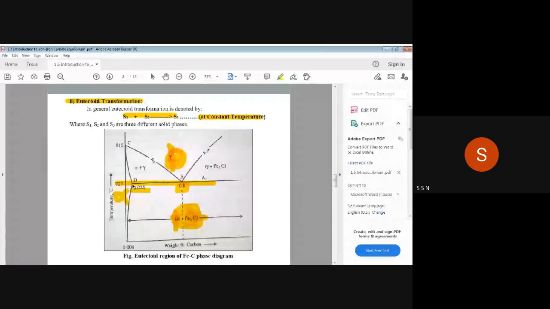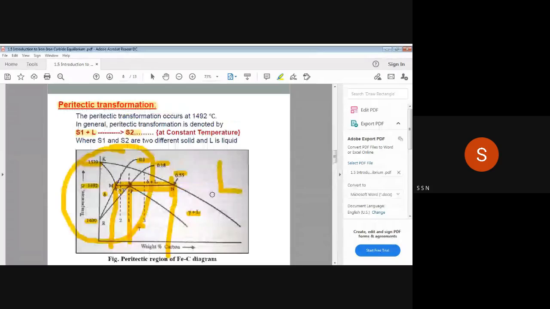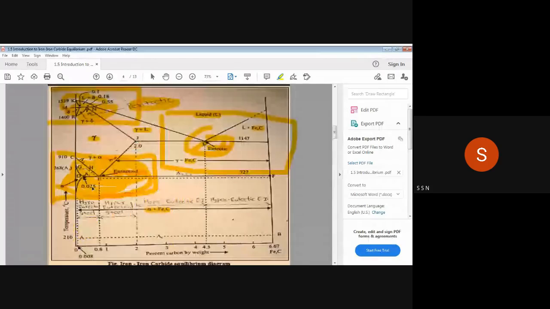The horizontal line on this side of the complete diagram runs from 0.025 at point D up to the end point F. At this F point, what will be the phase? Here it will again be a solid phase, and that is Fe3C. The total phase present along this dotted line, from 0.025% to 6.67%, this total horizontal line, will be alpha plus Fe3C.